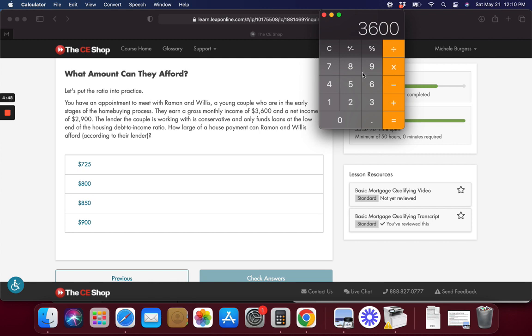How large a house payment can they afford? So I want to say 2,900 times 25%, right? Maybe 25% of 2,900.